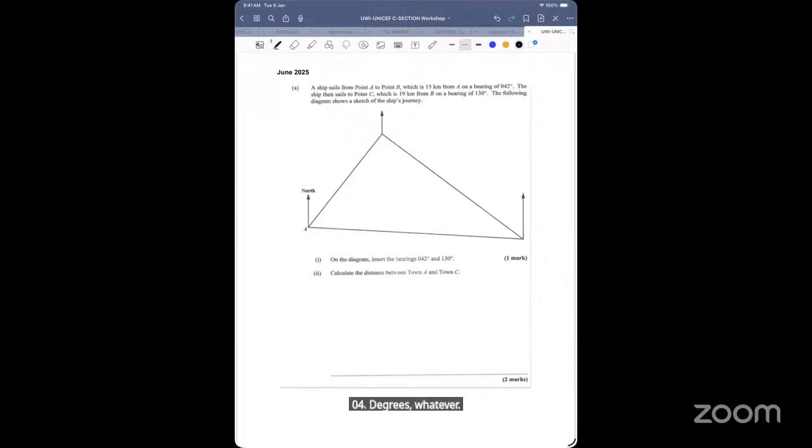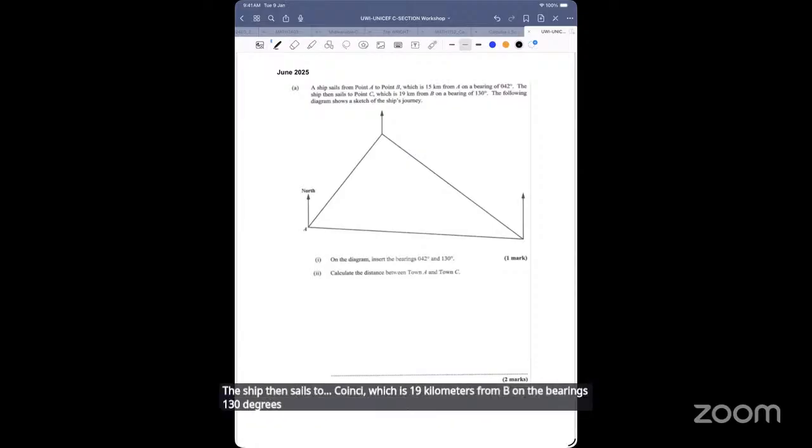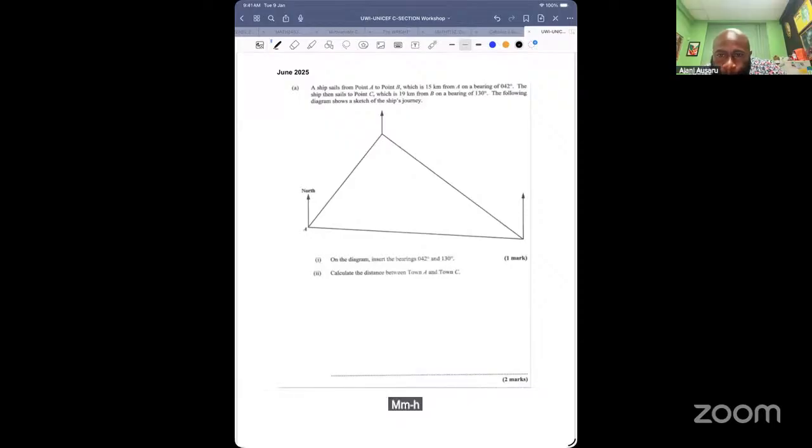The ship then sails to point C, which is 19 kilometers from B on the bearing 130 degrees. The following diagram shows a sketch of the ship's journey. On the diagram, insert the bearings 042 and 130.